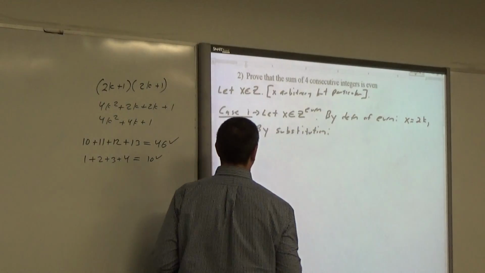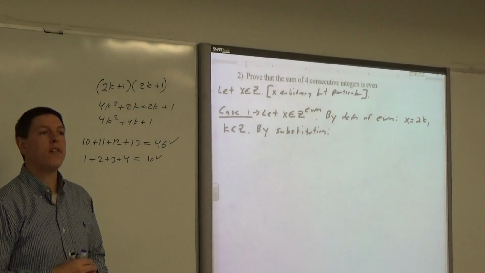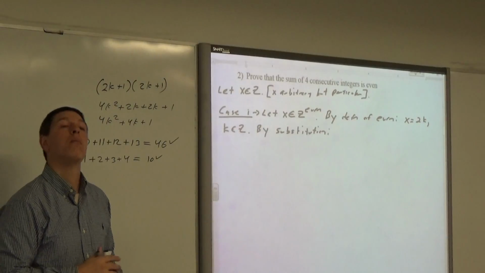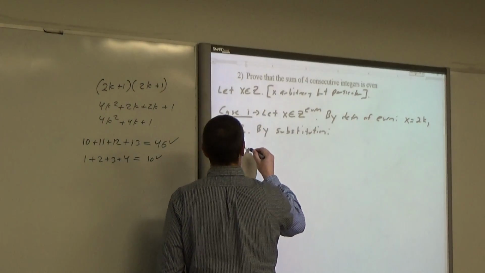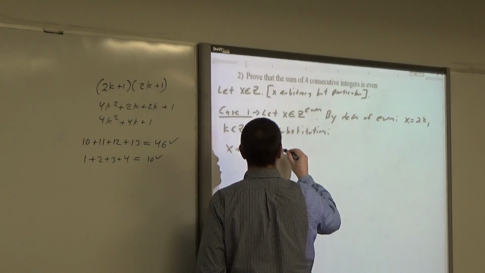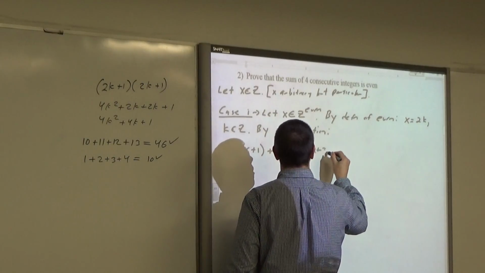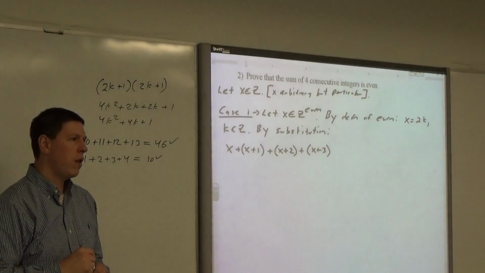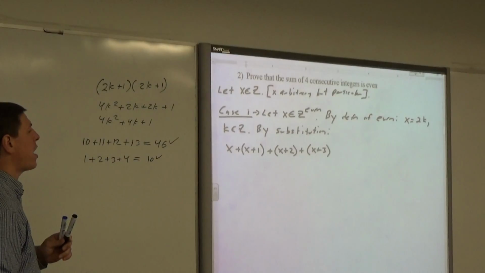How do we write the sum of 4 consecutive integers in terms of x, not in terms of k? x plus (x plus 1) plus (x plus 2) plus (x plus 3), right guys? That's 4 consecutive integers, and it doesn't matter what the first one is, and that is the sum of 4 consecutive integers.